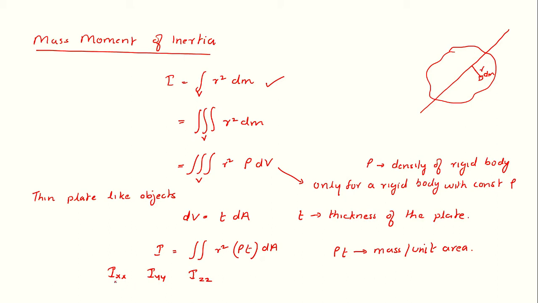Now in some textbooks, in order to differentiate between area moment of inertia and mass moment of inertia, the mass moment of inertia is sometimes given with a suffix m, to distinguish between area moment of inertia and mass moment of inertia. We must have already discussed area moment in the last semester when you dealt with statics.